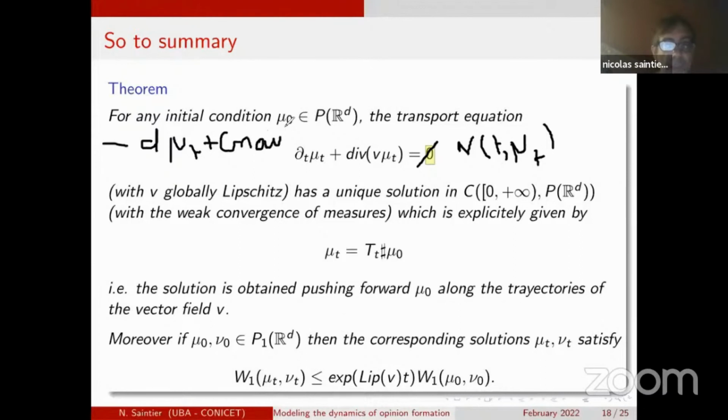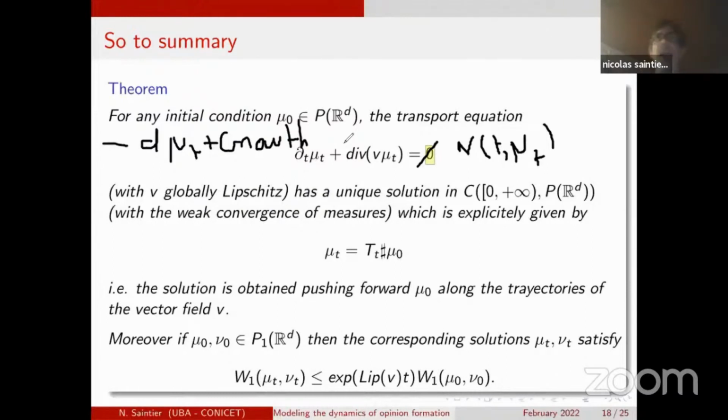This is especially relevant in biology, where mu represents the density of some animals of a given characteristic. You can structure your population by age or by size or by any phenotypic characteristic, anything you want. And in that context, you have to take into account that animals are dying and appearing.